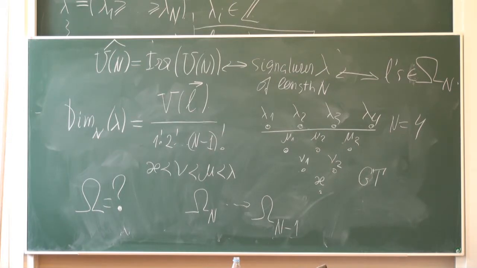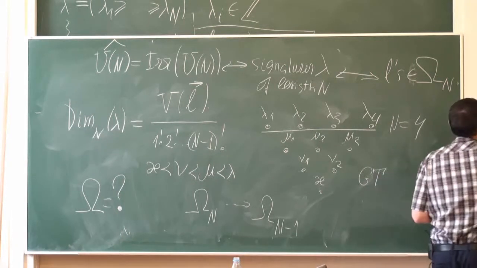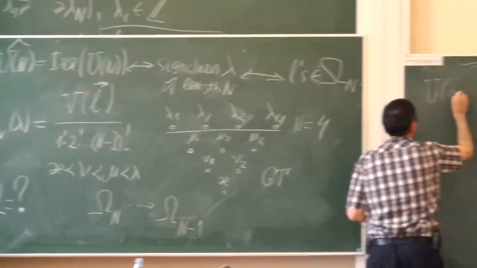How to give a sense, how to find an interpretation of a boundary in terms of something. It is natural to take the infinite dimensional unitary group.